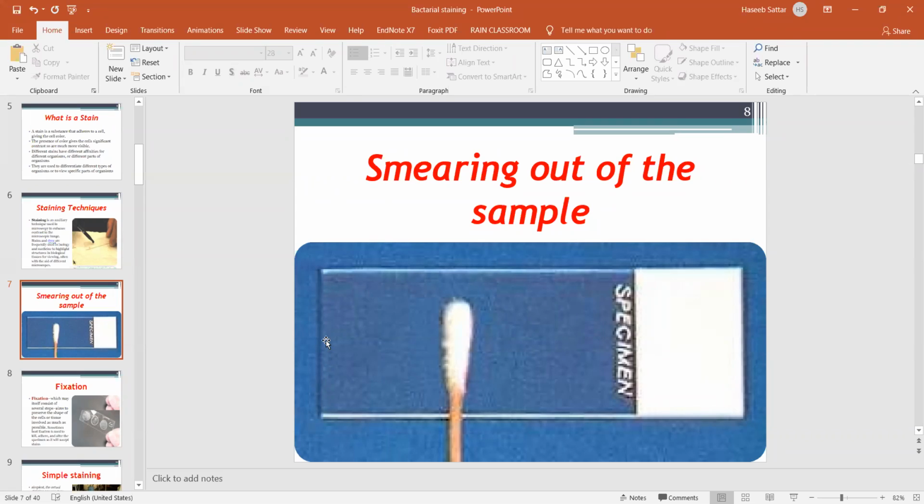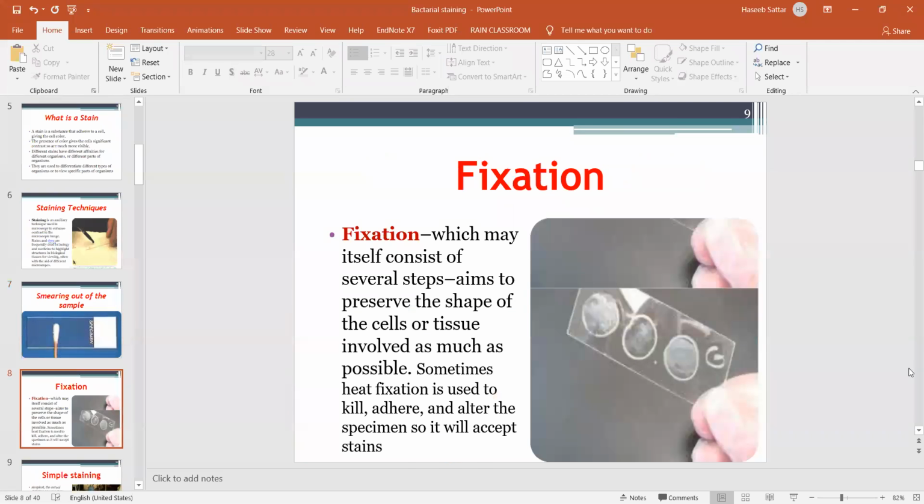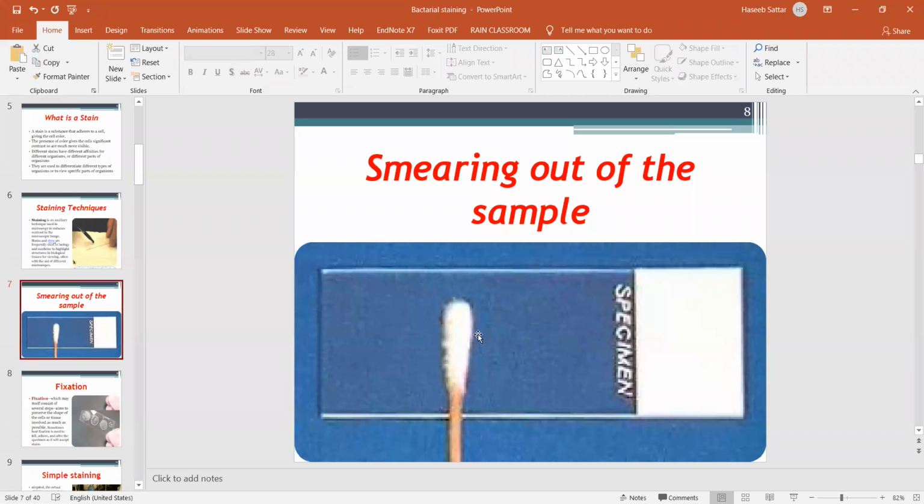The second step, also common for all staining techniques, is fixation. Once you have prepared a smear, is it liquid? It's in liquid form. So there is a chance that the bacterial cells can float or move on the slide, and it may give us some false result.